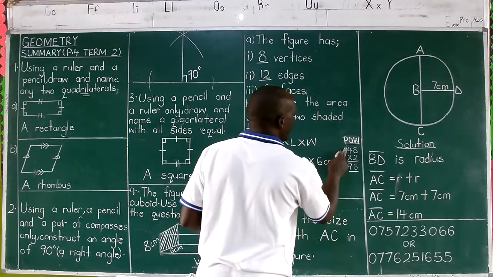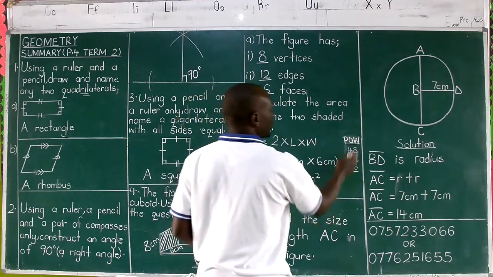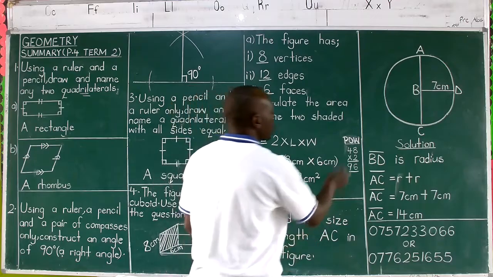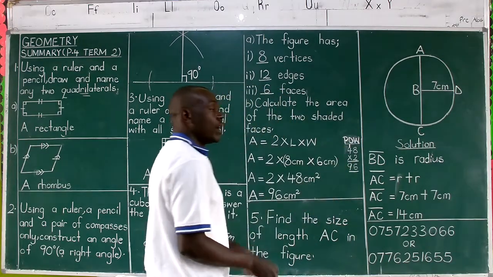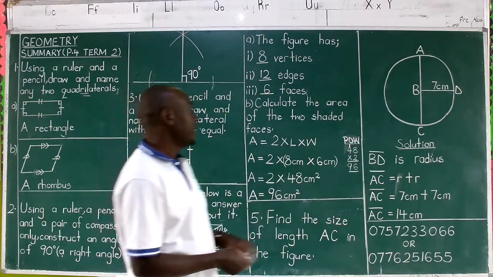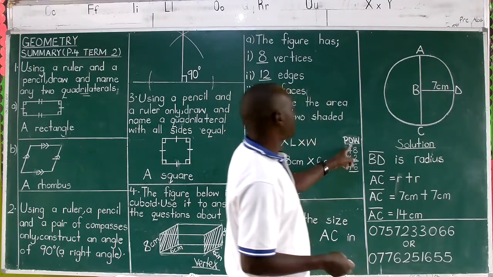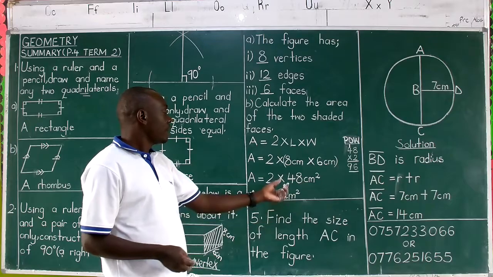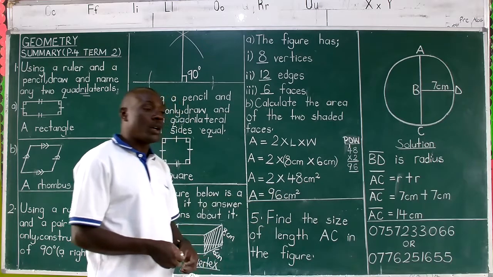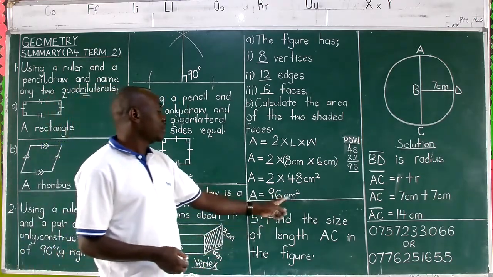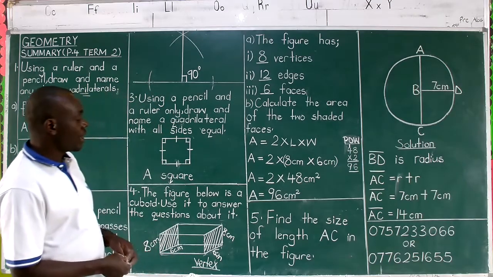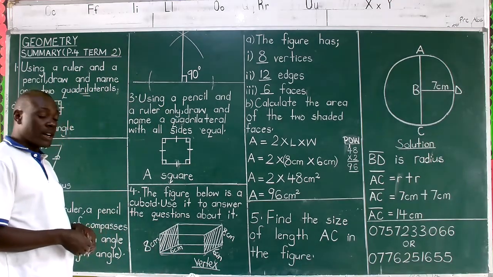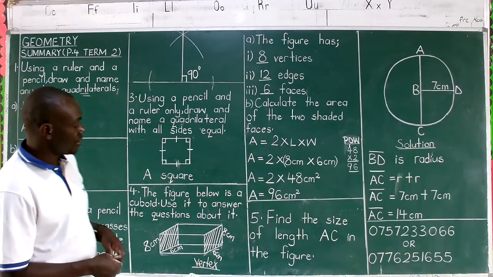So we multiply 2 times 8 is 16, right? 6 regroup 1 or carry 1, but actually regroup 1. 2 times 4 is 8 plus 1 gets 9. So area of the 2 shaded faces is 96 square centimeters or centimeters squared. That's how we answer.